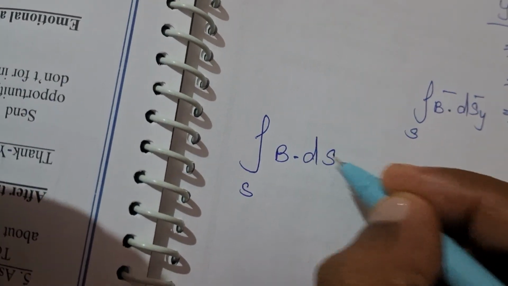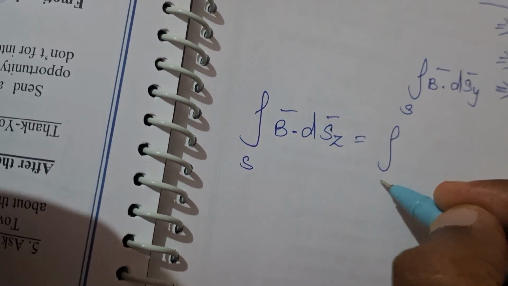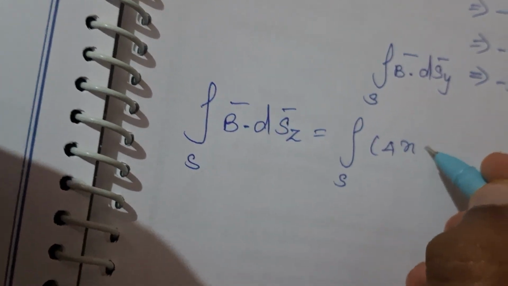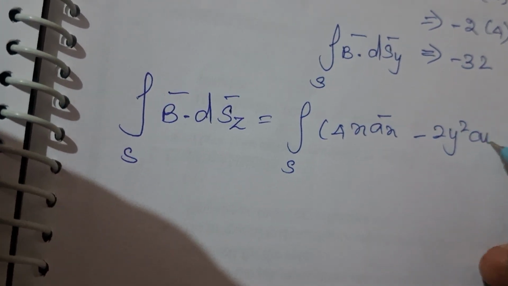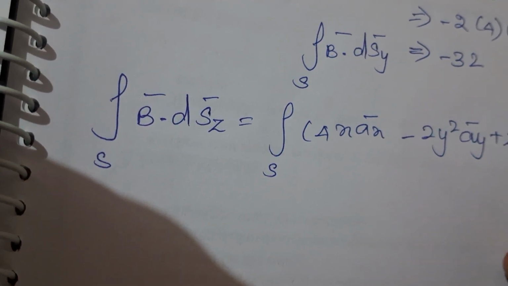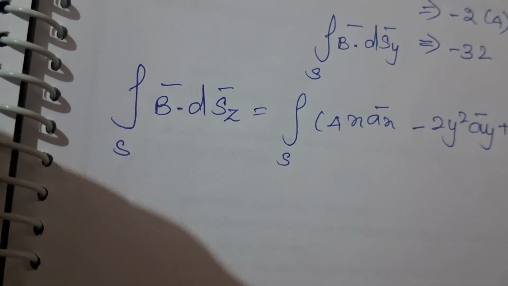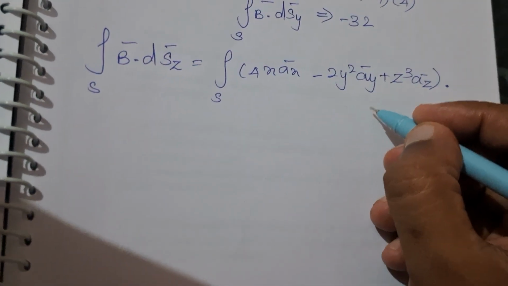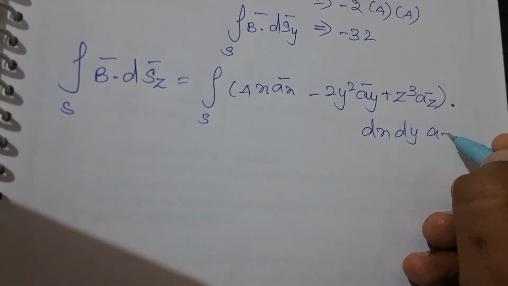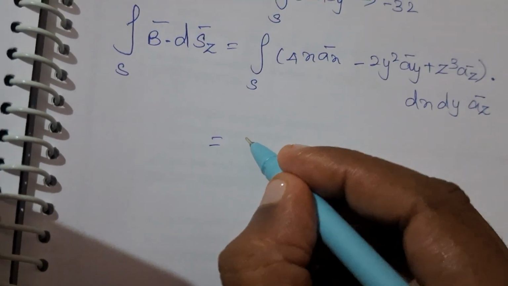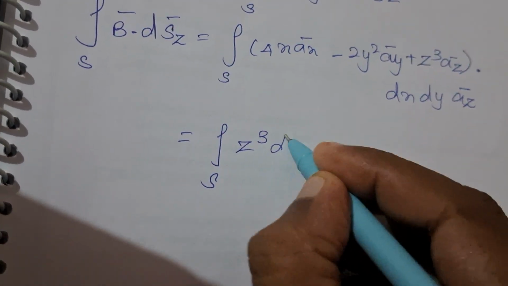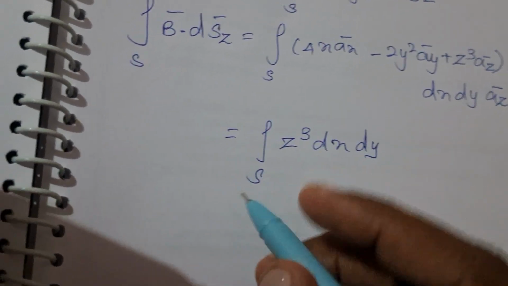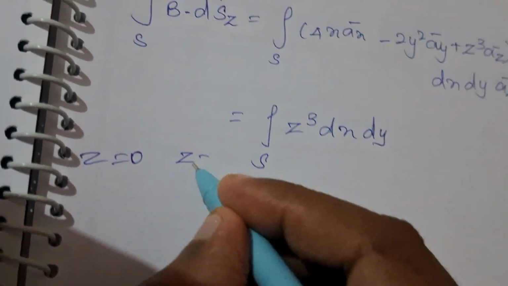So the final one is the surface integral of B dot dSz. What is B? Very well known, 4x ax minus 2y square ay plus z cube az dot, what is dSz? dx dy into az. So next is the surface integral. According to the dot product we get only z cube dx dy. Okay, z equal to 0 to 4.